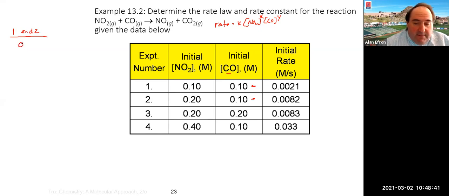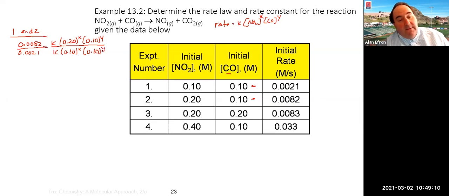That means up on top would go 0.0082 is equal to K. And again, all the information there, we have 0.2 to the X and 0.1 to the Y. Coming back through and putting all the information in number 1 down there, 0.0021 is equal to K, our 0.1 to the X, and our 0.1 to the Y.